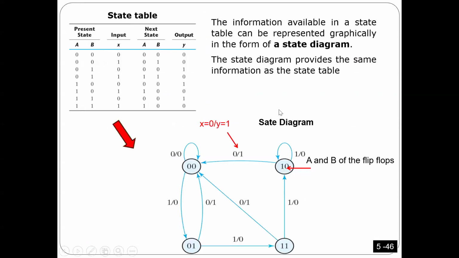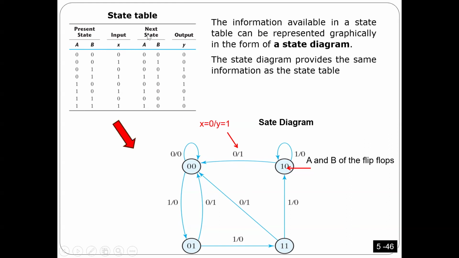Same thing here. Here we have what we call a state diagram. This state diagram is similar to the timing diagram there, but here we call it a state diagram. So what I'm going to teach is, given a sequential circuit, how can you make the state table and how can you make the state diagram.